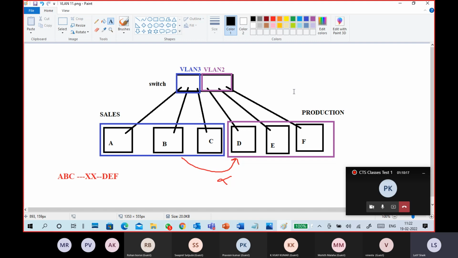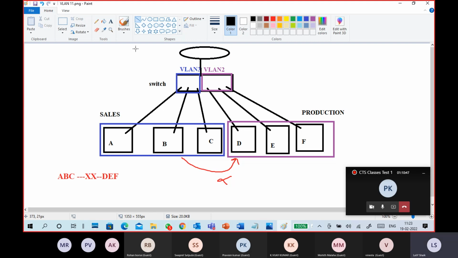Yes, I said inter-VLAN routing. Inter-VLAN routing means you use either a router or a layer 3 switch. We connect a router function to our switch.